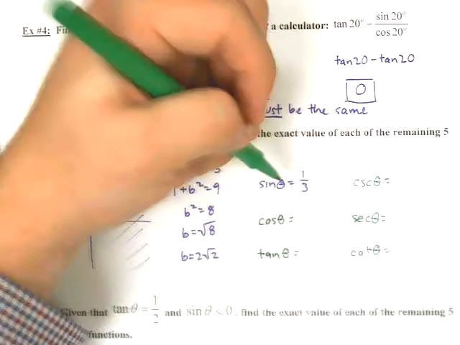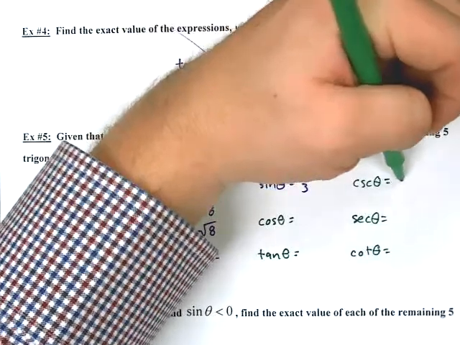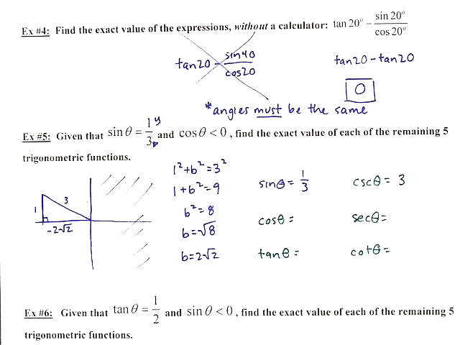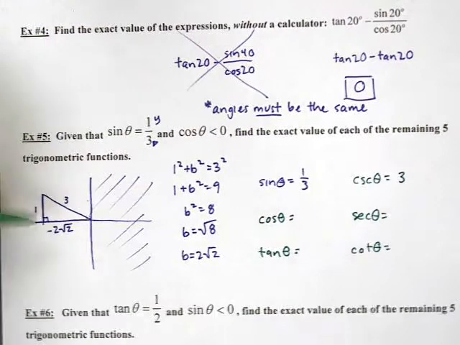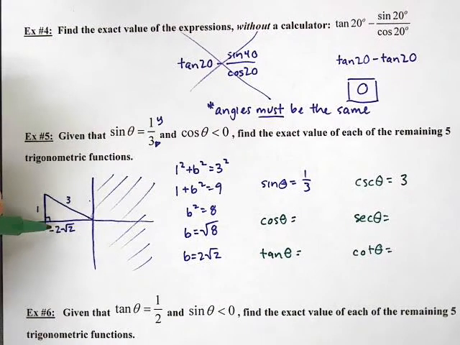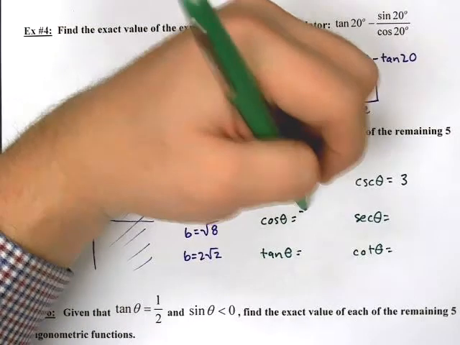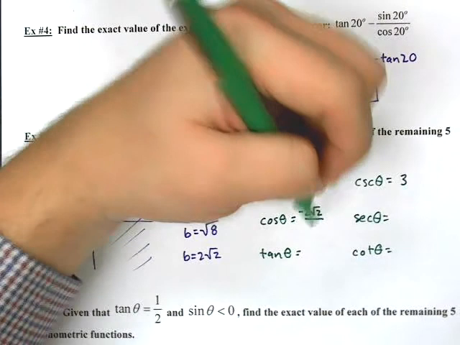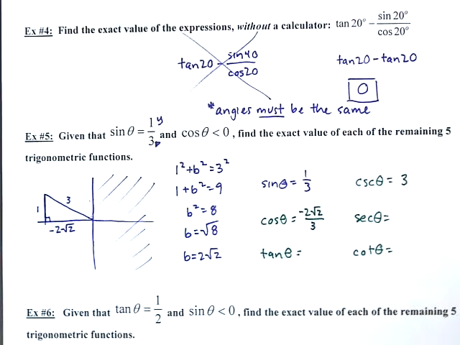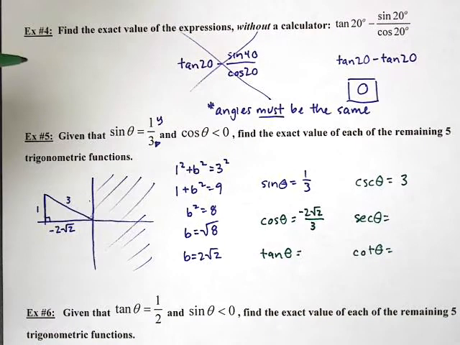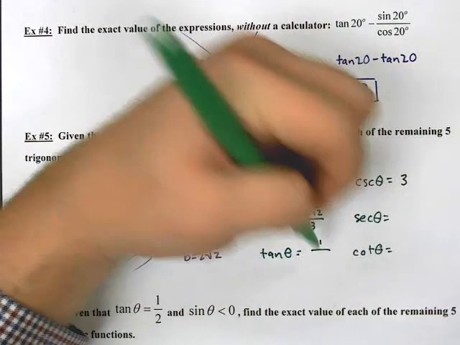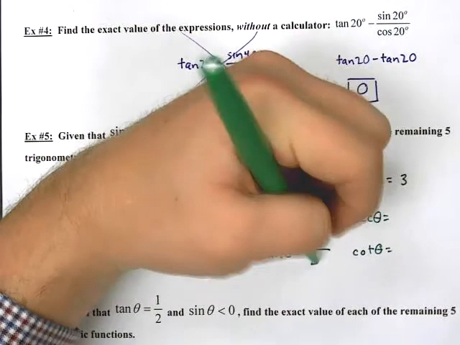The easiest one for sure, cosecant, I know is just flipped, so there we are at 3. Cosine, we have an x. We have our hypotenuse, so x over r. Negative 2 root 2 over 3. Beautiful. Y over x, 1 over negative 2 root 2.